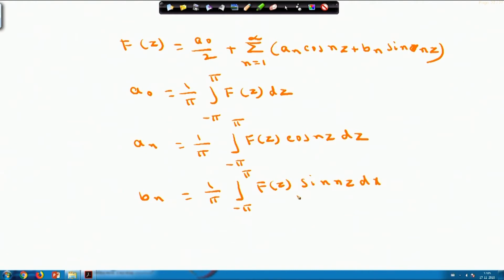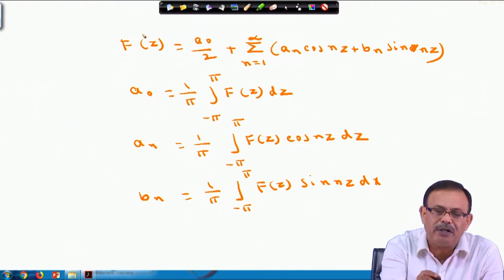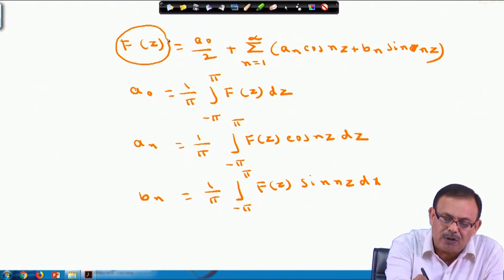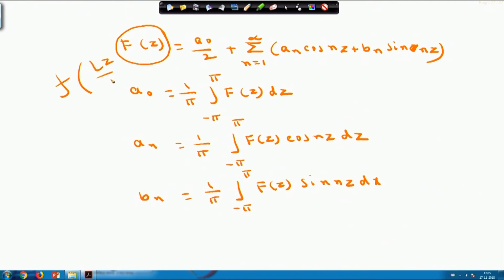Now this capital F(z) I can replace by small f of L z by pi, because capital F(z) is equal to f of L z by pi.